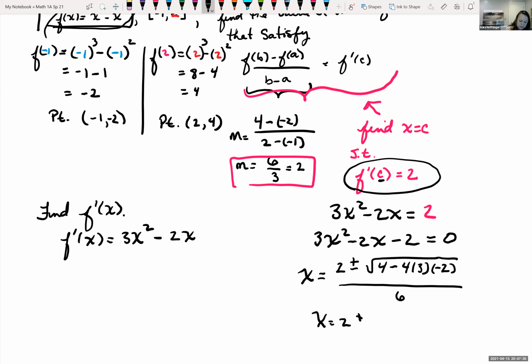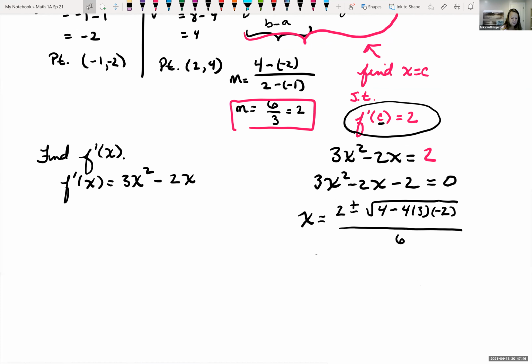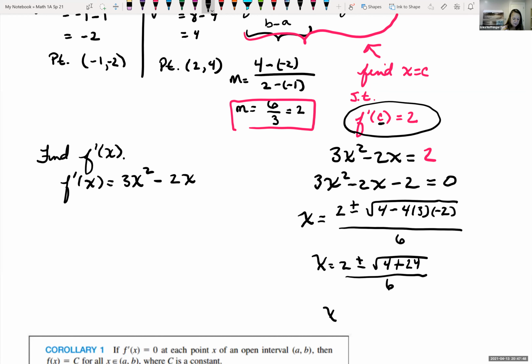So we have 2 plus or minus the square root of 4. I'm multiplying two negatives, so this is plus. 4 times 3 is 12, times 2 is 24, all over 6. So I get x is equal to 2 plus or minus the square root of 28 all over 6.